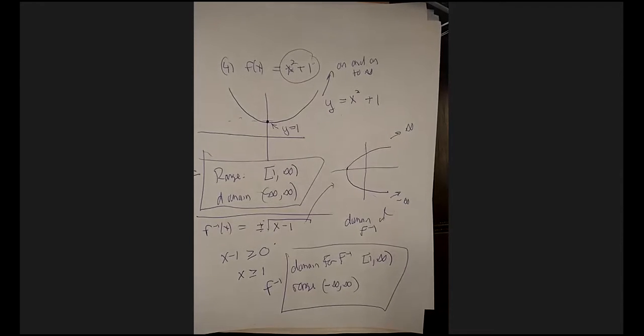And then the person that asked me about, let's see, they asked me about B. For B, what B says is try to use your answer to A to write out a formula with X's. So what I'm asking you in B is give me the formula for the inverse.